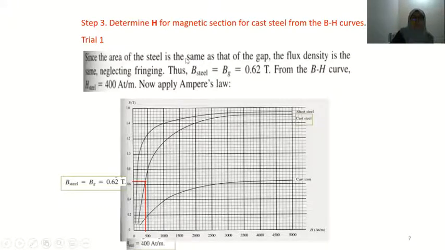We know the gap is sharing the flux with the steel, so we can say that your Bg is equivalent to B steel.